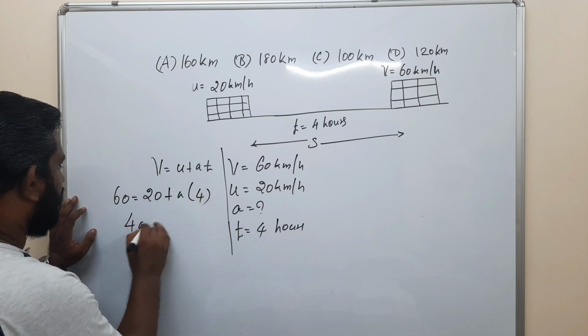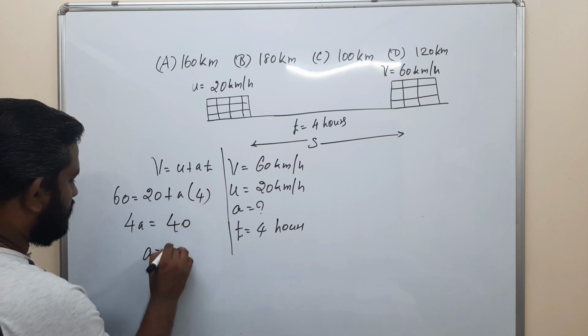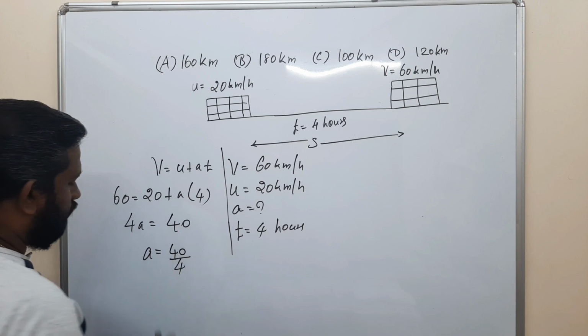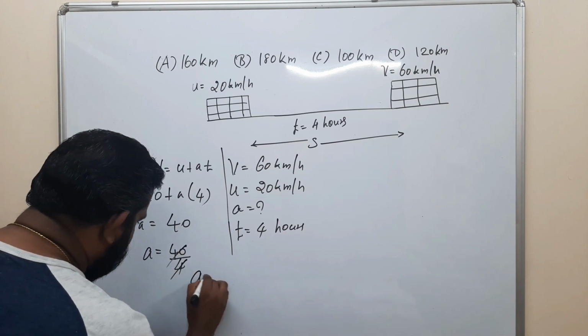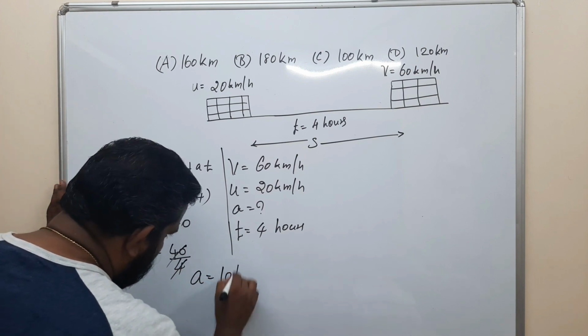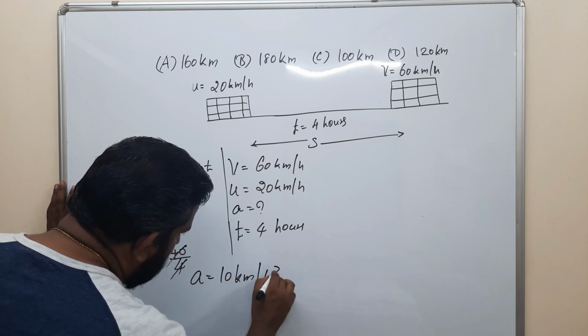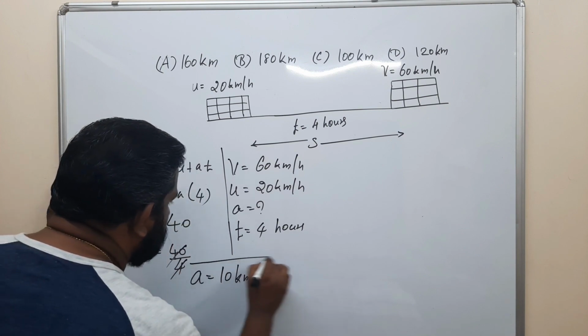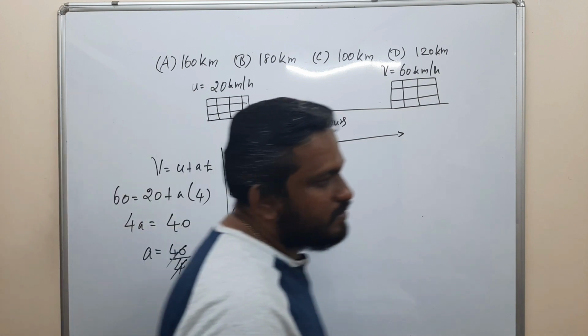So 4a is equal to 60 minus 20, that is 40. So a is equal to 40 by 4, that is 10. So the acceleration of the train is 10 kilometer per hour square.